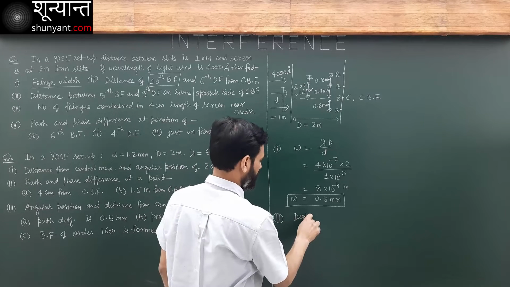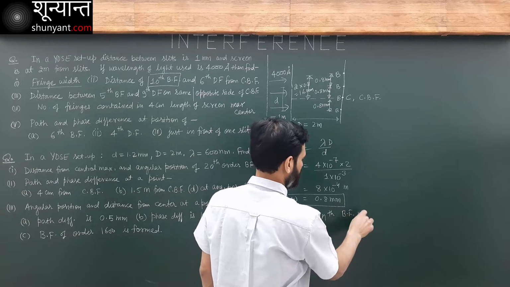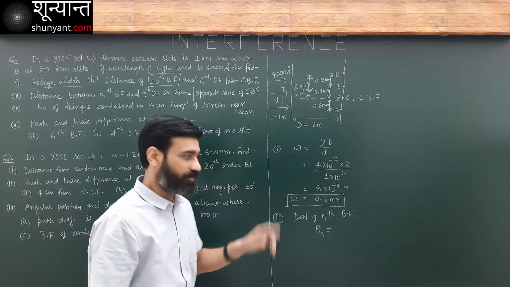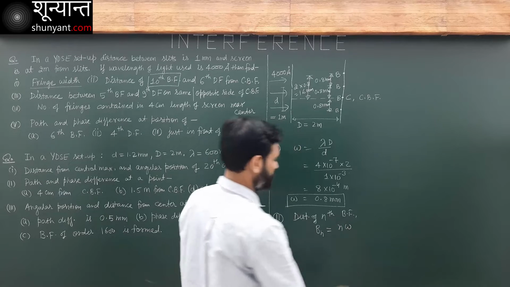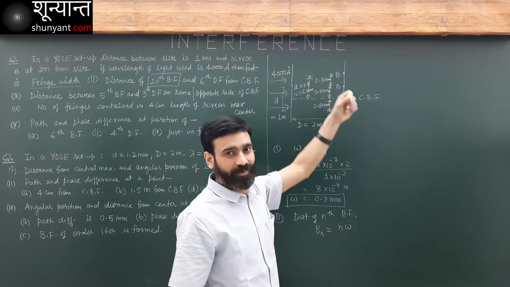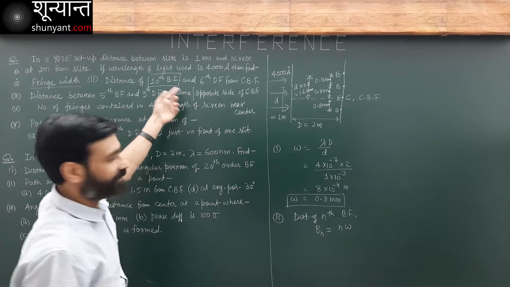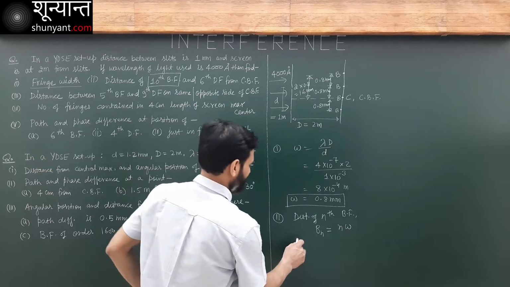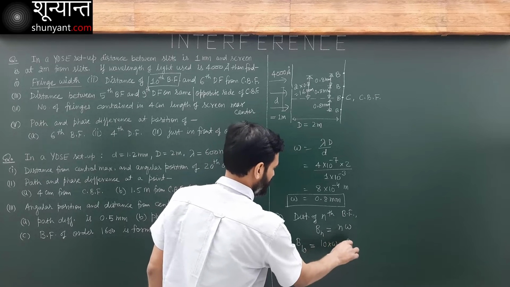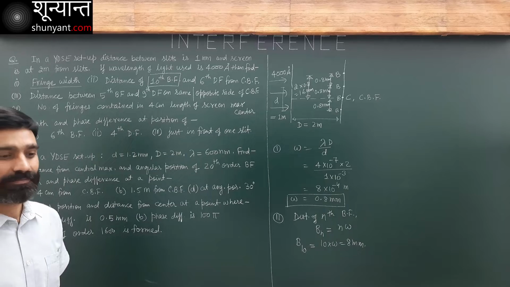Distance of nth bright fringe, let's say Bn, will be equal to n times fringe width. First bright fringe, omega; second bright fringe, 2 omega; third bright fringe, 3 omega; nth bright fringe, n omega. So the 10th bright fringe is 10 omega, which will be 8 millimeters. Okay, got it?